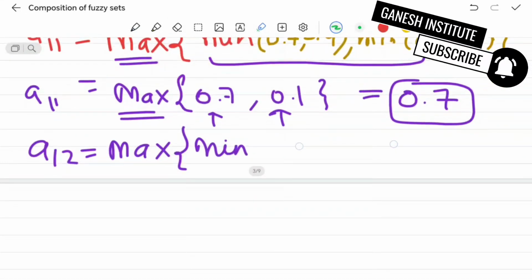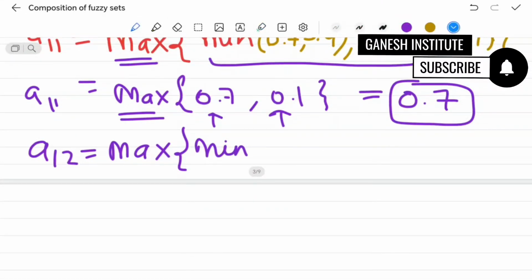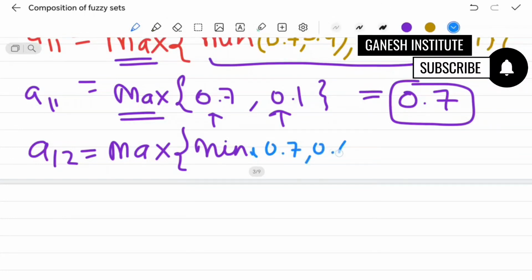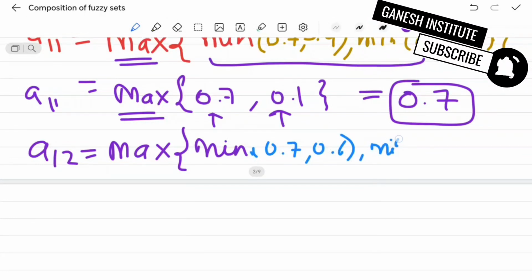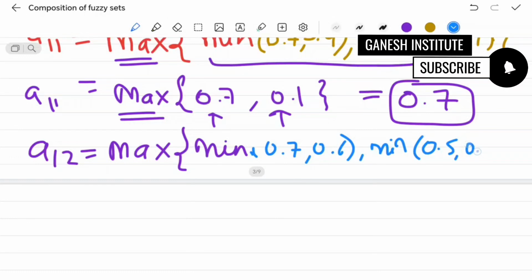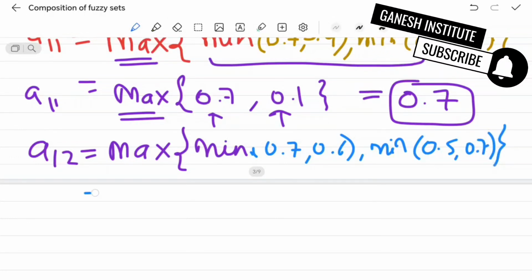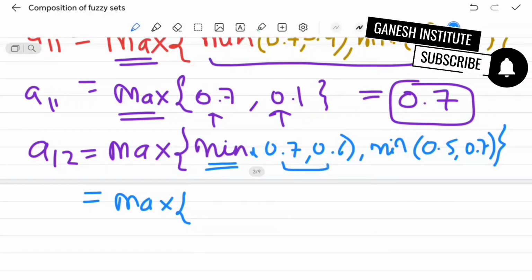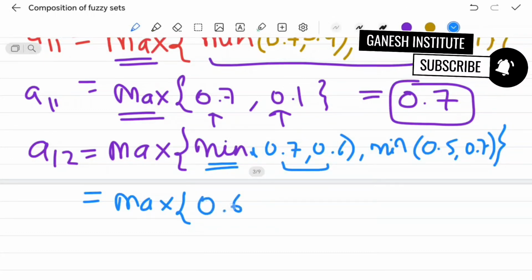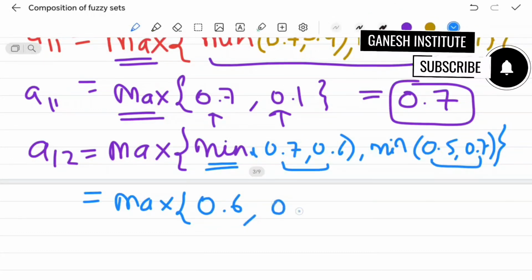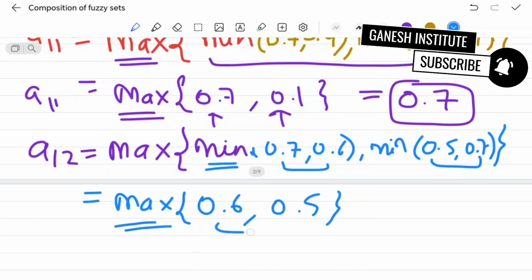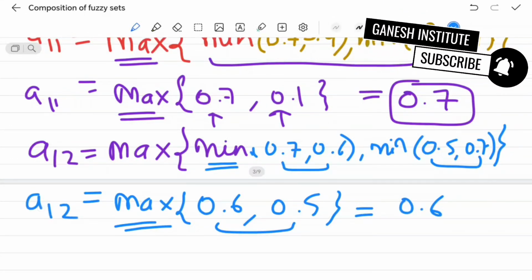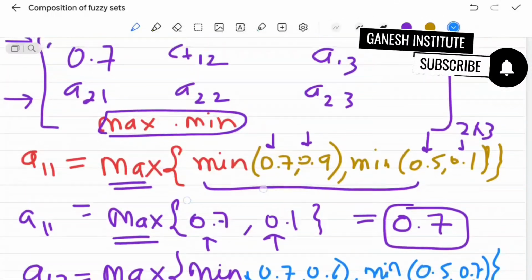So let's write it: min of the first pair 0.7, 0.6, and then min of 0.5, 0.7. Correct? What is the minimum of the first two? 0.6. The minimum of the other two? 0.5. The maximum of these two? 0.6. So our first row, second column element becomes 0.6.